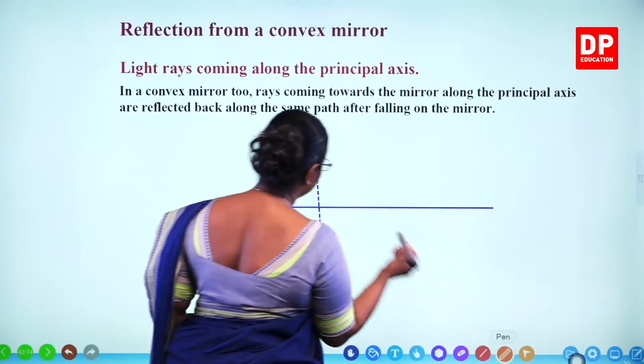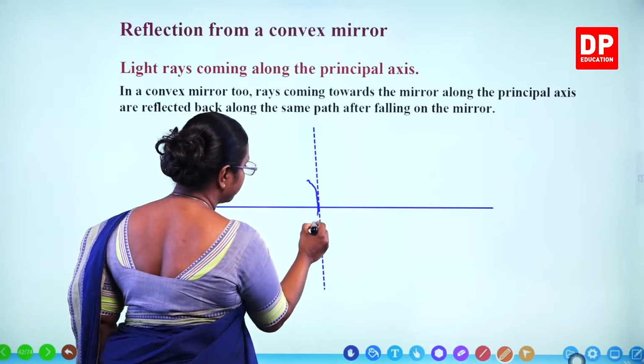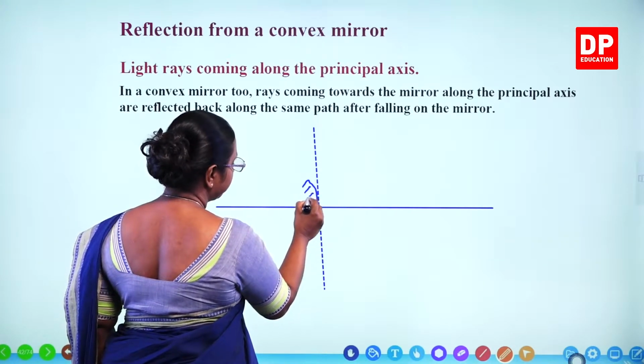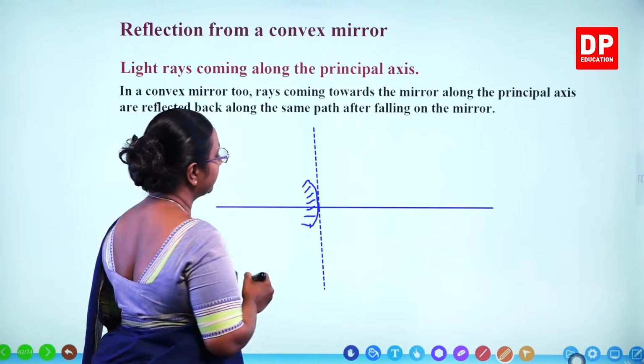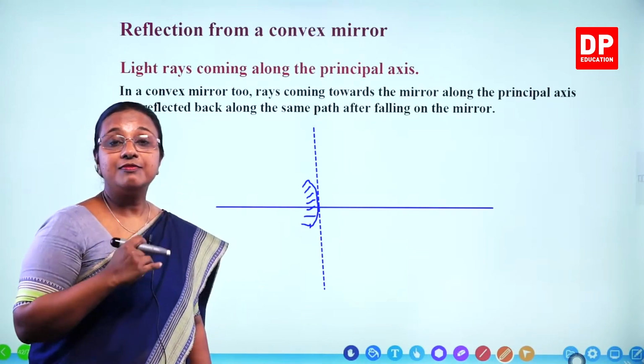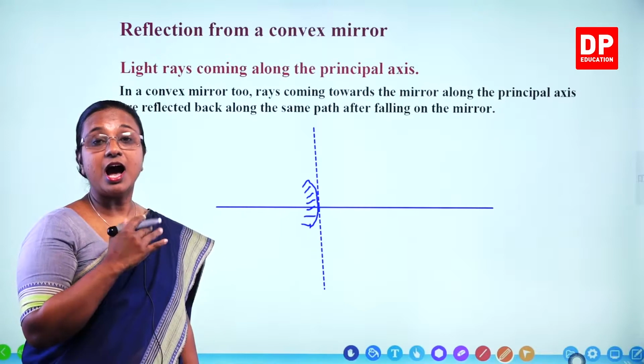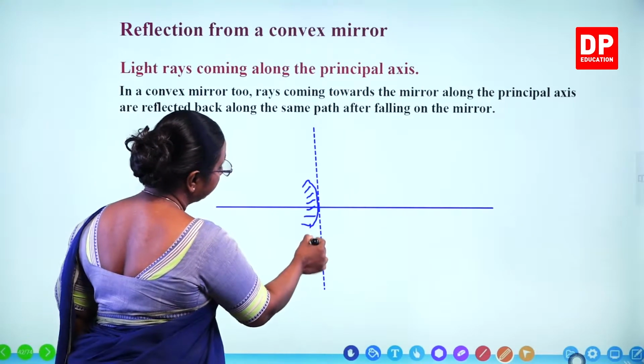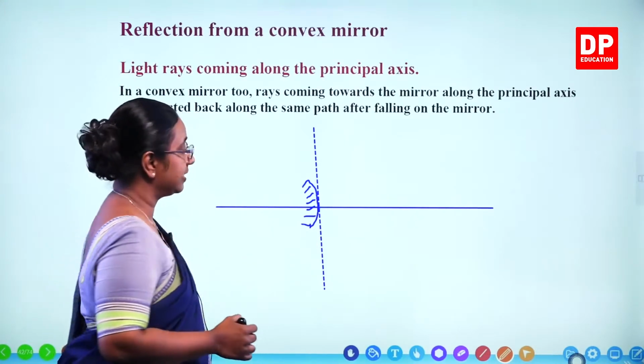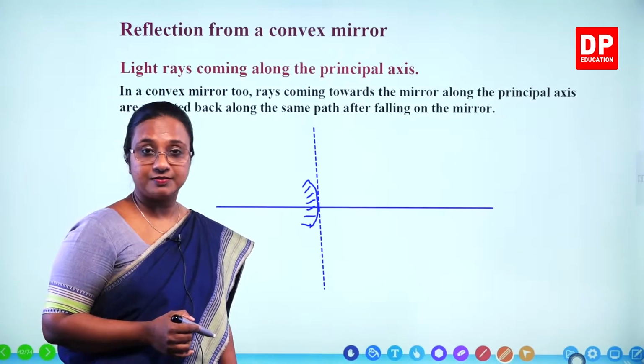And then we need to draw the mirror. Here it's going to be a convex mirror. So you all know convex mirror, the reflecting surface is curved outwards. So this is the reflecting surface and this side is the non-reflecting surface.